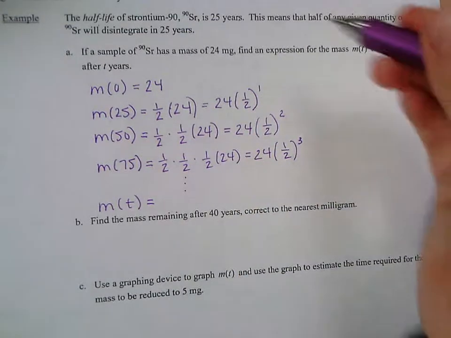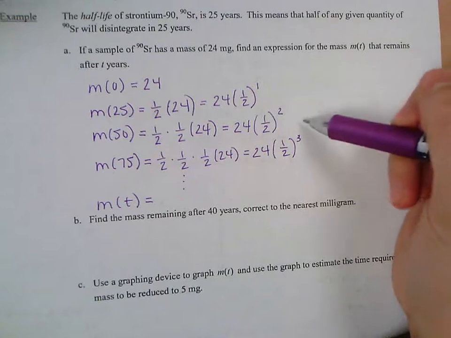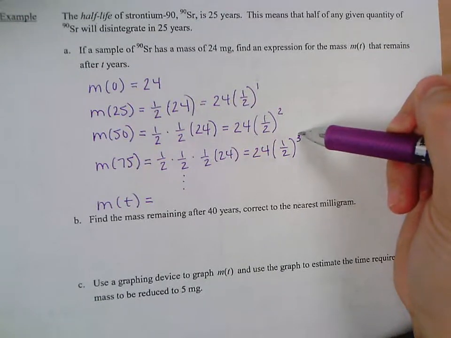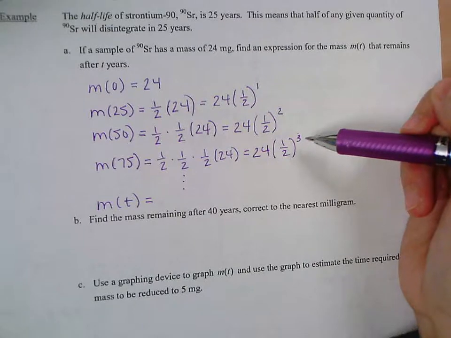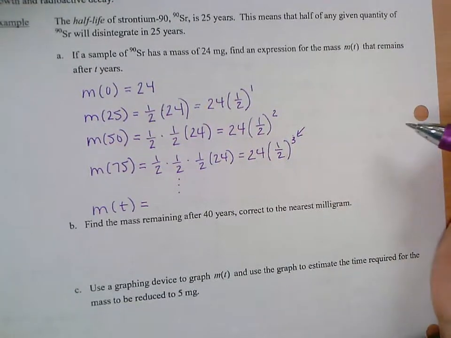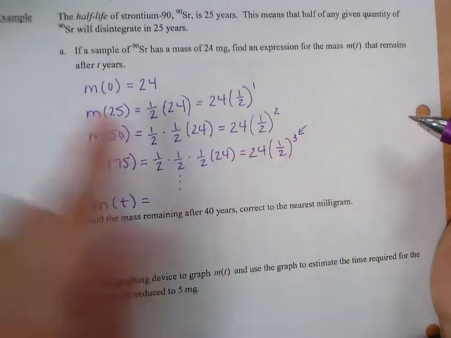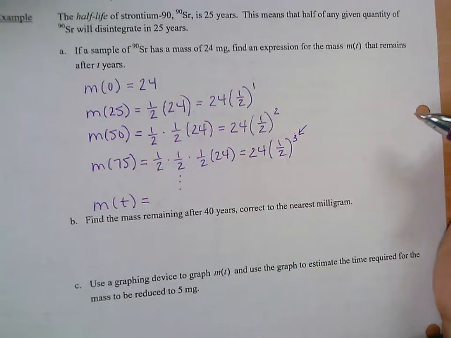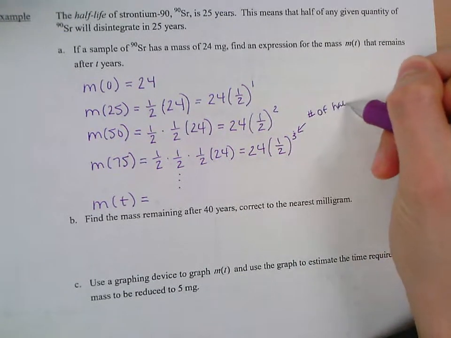So what do these exponents really mean? The exponent is the number of half-lives. So like this 3 here, because it's been 75 years, the 3 means it's the third half-life. So the exponent is really the number of half-lives.